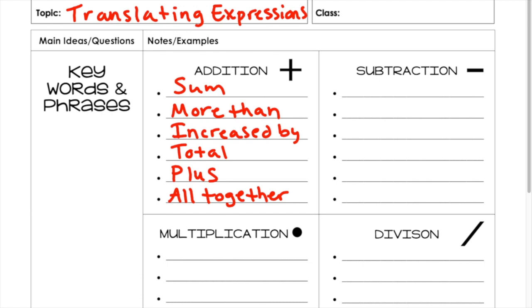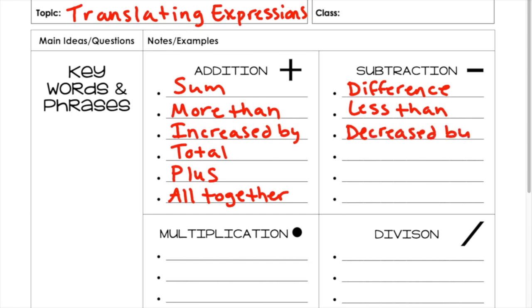Subtraction, some keywords for subtraction are difference. When we find the difference between two numbers, we are subtracting them. Less than. If a number is less than another number, it means we're taking it away. Decrease by. Subtracted from.